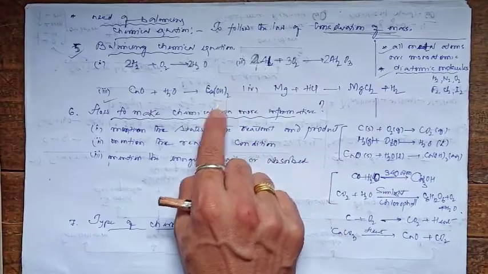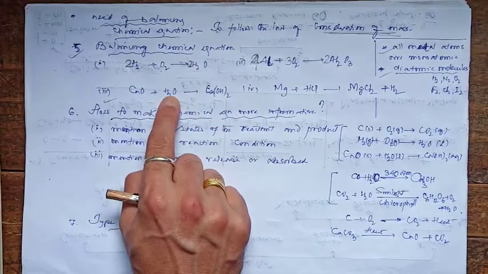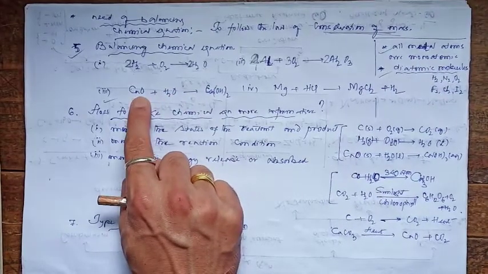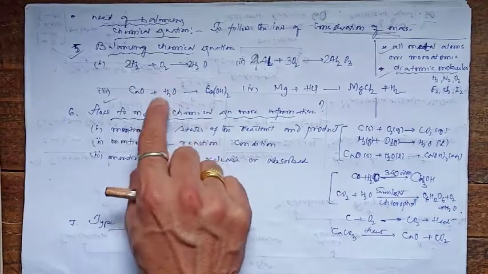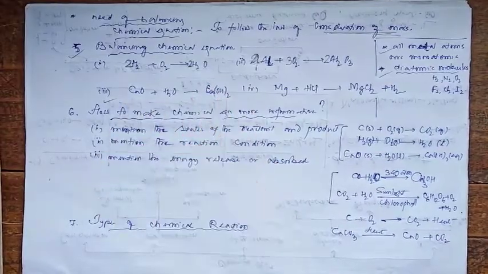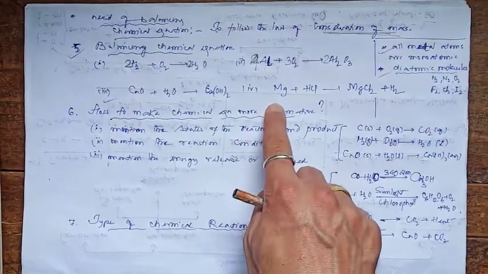So we have 2 hydrogen on each side. Be careful with oxygen: we have 1 oxygen here plus 1 oxygen here, a total of 2 oxygen on the left hand side. We have 2 oxygen on the right hand side as well. So this equation is already balanced, and we don't need to balance it. Now let's move on to another one.